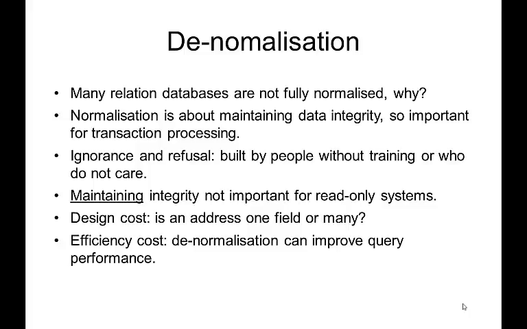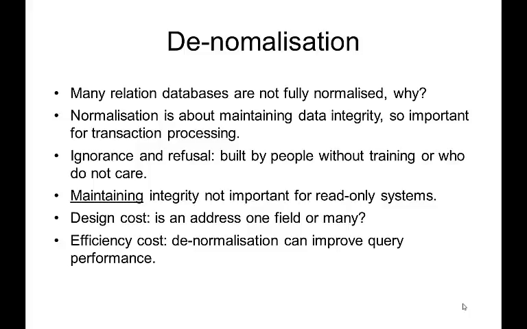That's its primary function. So it's really important where data is being entered and updated on a regular basis, because that's where integrity problems arise. If your database is stable, you're not going to have these update anomalies, these problems with updating and changing the data. So it's really important for transaction processing.